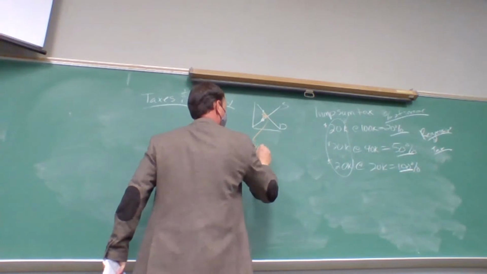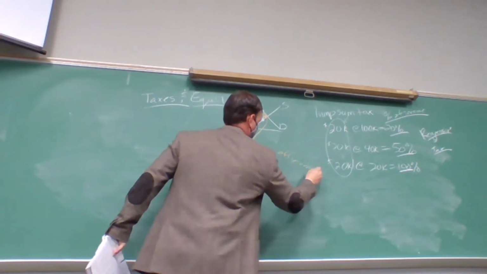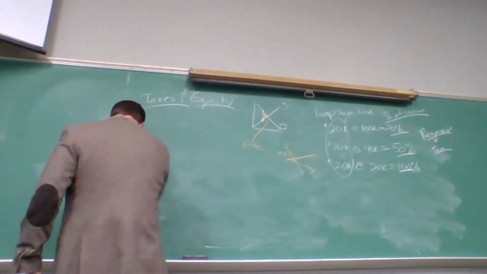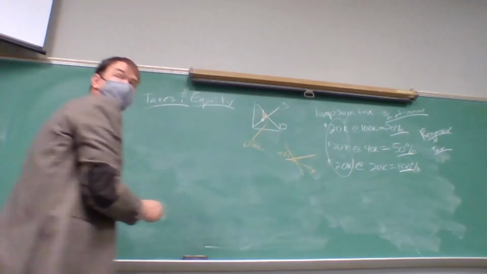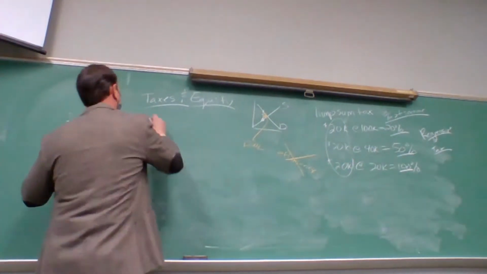That's all deadweight loss. So we're not efficient. So we're trying to seek equality. Is this equal? No, it's progressive. Okay, so we have to make the choice here. Taxes and equity. How do we design a tax? That's the name of the chapter.